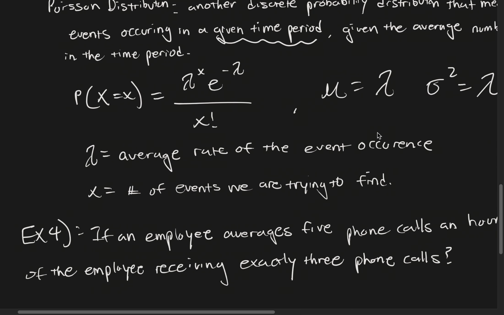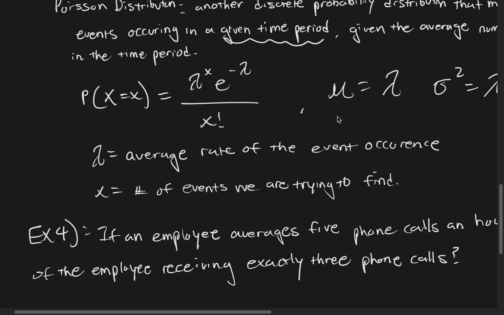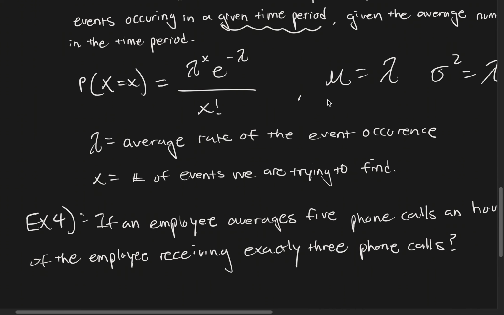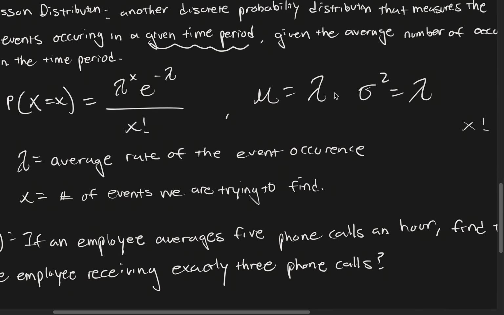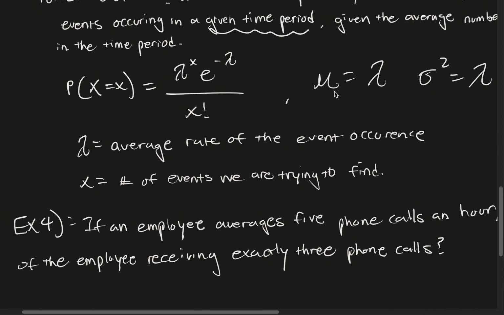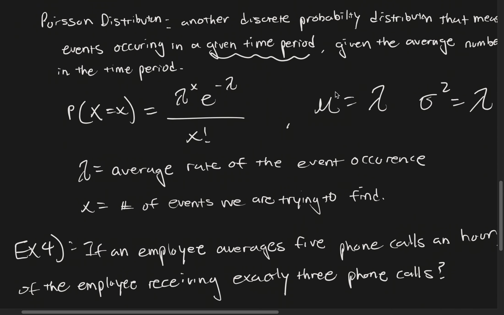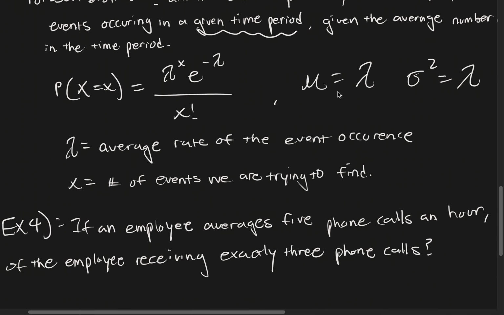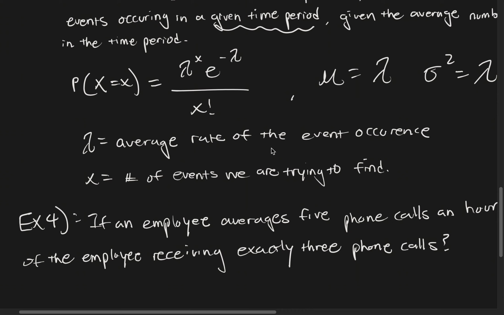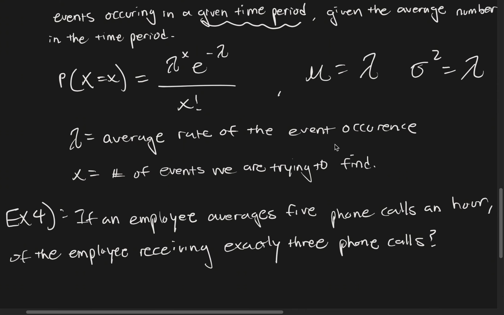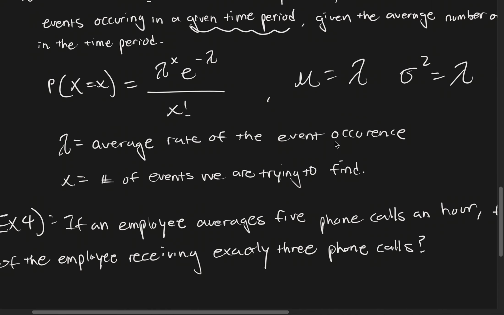Again, we rarely, well, that's not true, we do often calculate this by hand, but in the real world, you would usually do this on software. So lambda is represented by the average rate of the event occurrence, and x is given by the number of events we are trying to find.